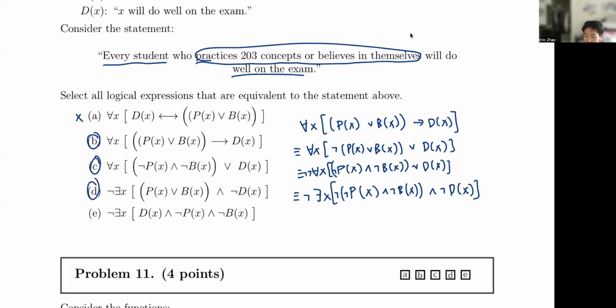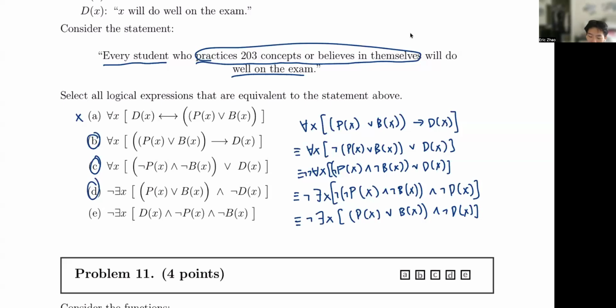There exists, the not will cancel out, so it'll be P of X, the and will flip to an or, and then not B of X is just B of X, and not D of X. So that's where D comes from.